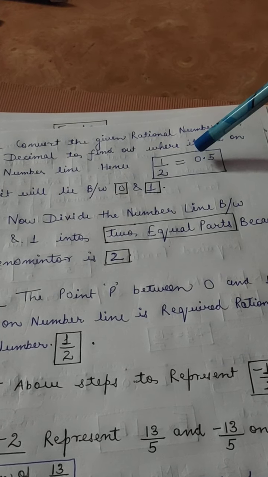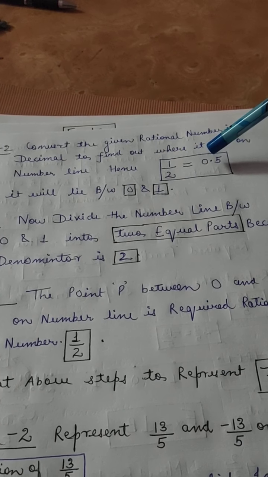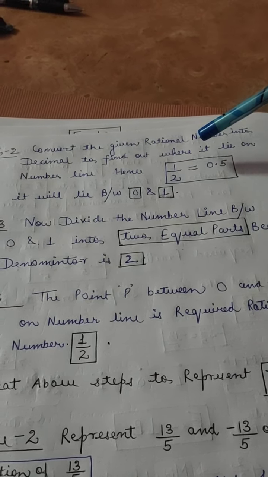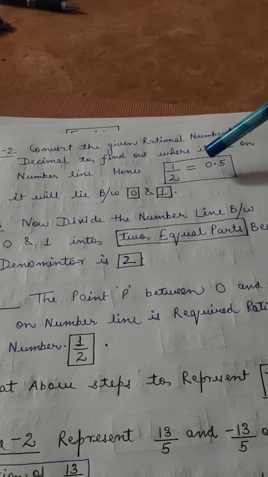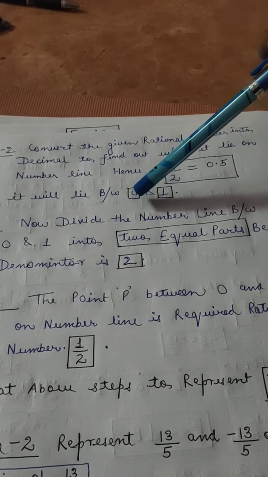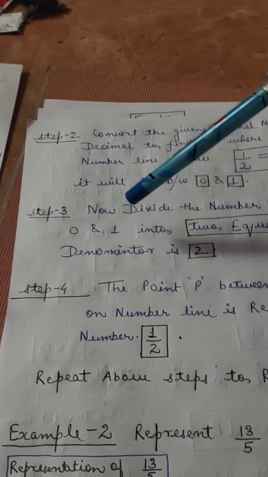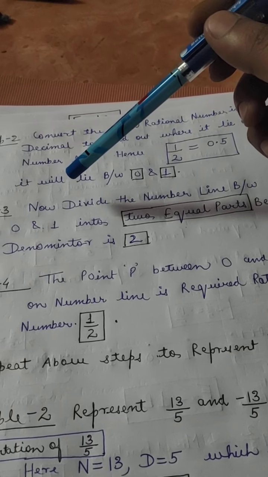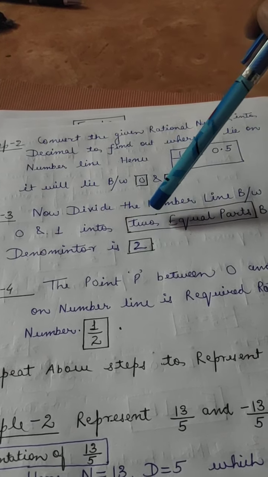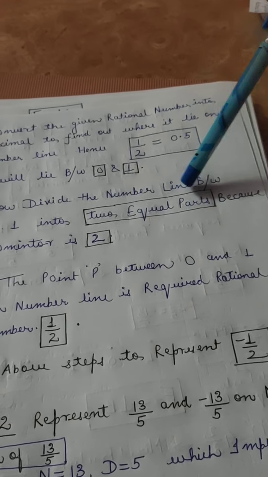From this we will find out where this 0.5 lies on the number line. We can clearly see that 0.5 is lying between 0 and 1. So come to step 3. In step 3, we have to divide the number line between 0 and 1 into 2 equal parts.